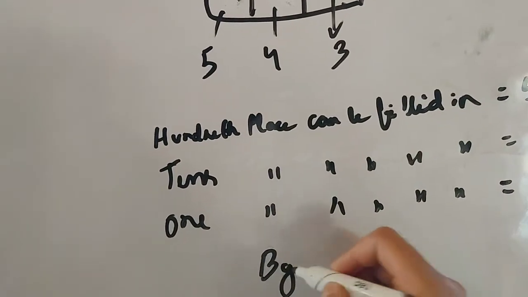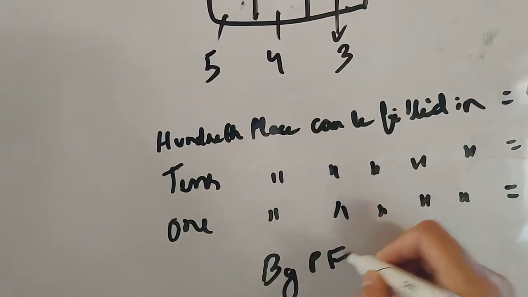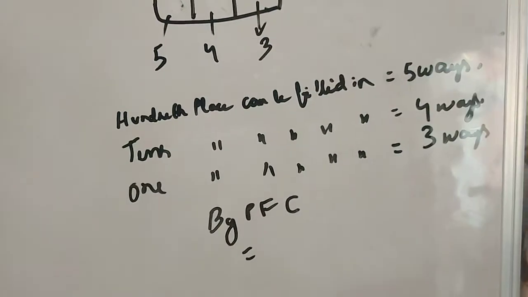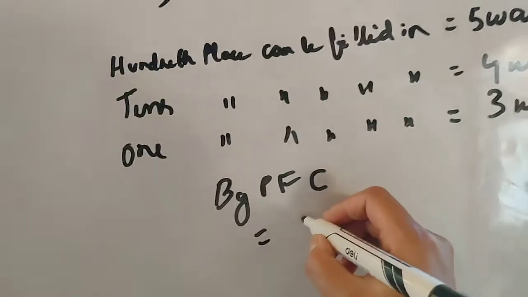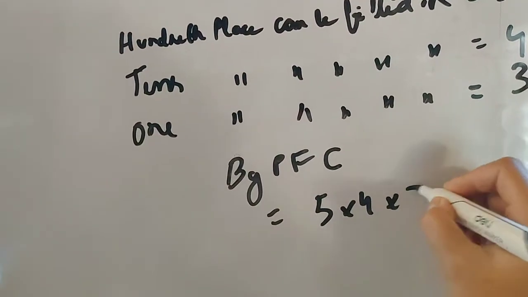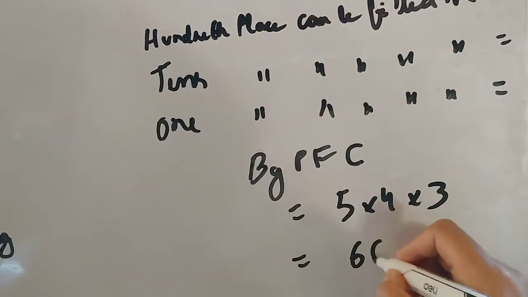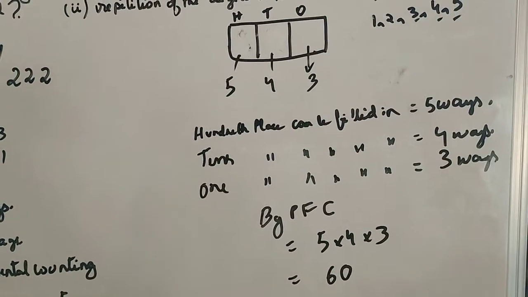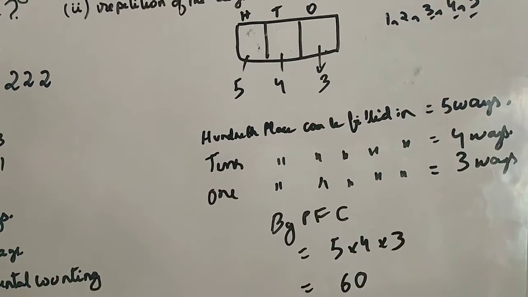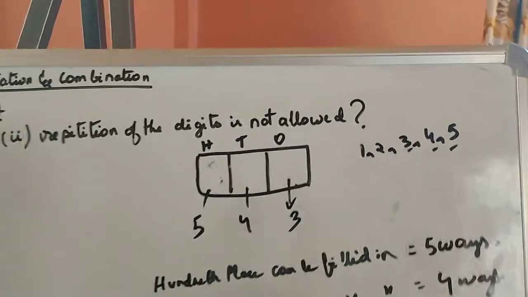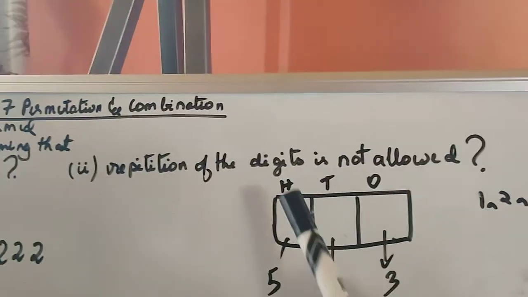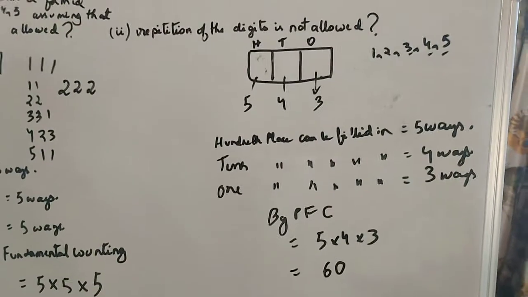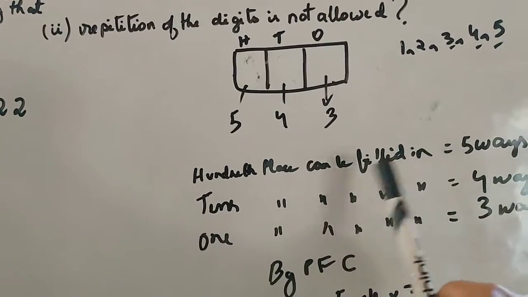I'm writing in short: by the principle of fundamental counting, you multiply all these numbers of ways, that is 5 into 4 into 3, 60. You will get 60 three-digit numbers using the digits 1, 2, 3, 4, 5, where repetition of the digit is not allowed. Please write the written part more nicely.